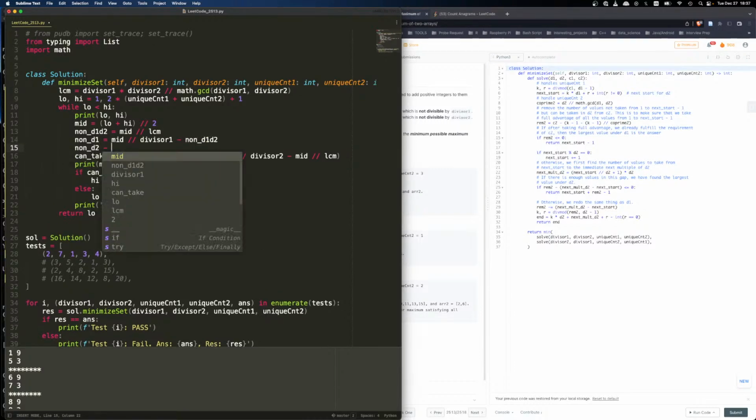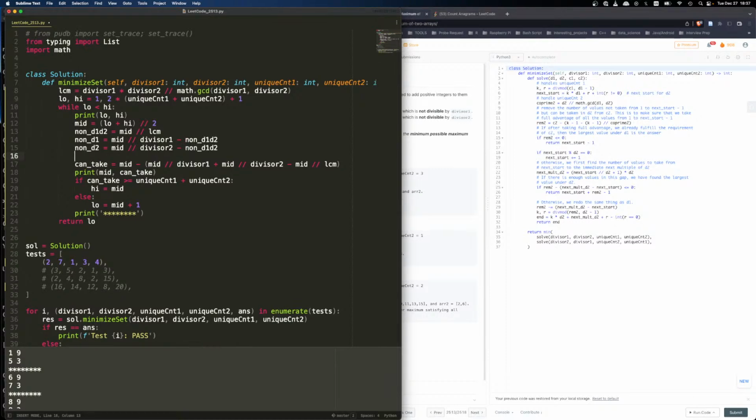None d2 shall be mid divided by divisor 2 minus none d1 d2. Okay, so both can be taken as mid minus none d1 d2. Well, this cannot minus none d1, but it can be taken by d2, and minus none d2. Okay, so now we have this, right?